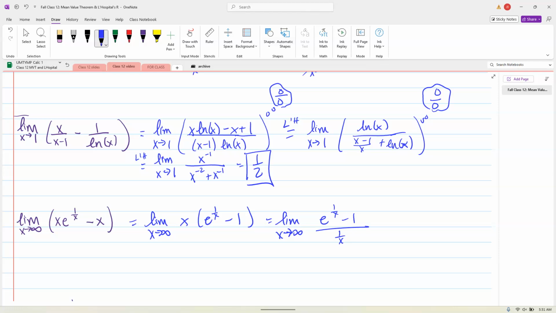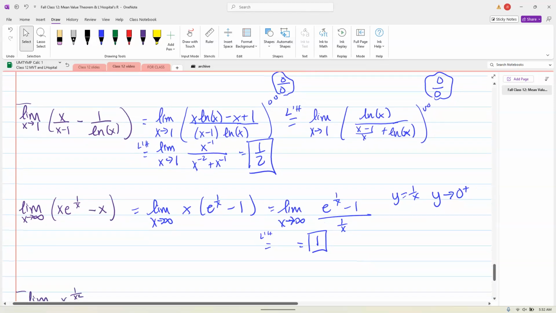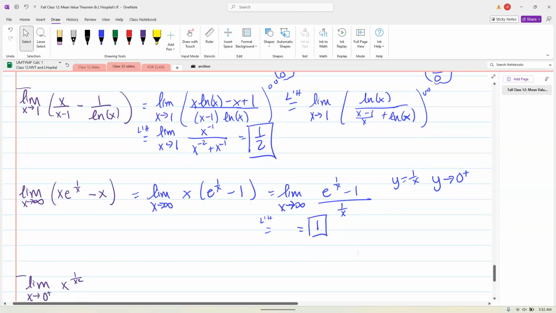If you want to, you could do something like y equals 1 over x, and then you have the limit as y goes to 0 from the right. Either way, this form allows you to do L'Hopital's rule, and after some simplification and work, you end up with 1 as your answer. I'll let you fill in the dots there. I just wanted to get you started, and I have full confidence you can fill in the dots.